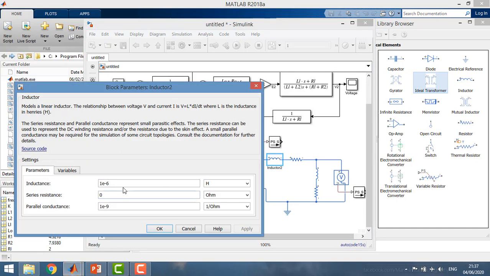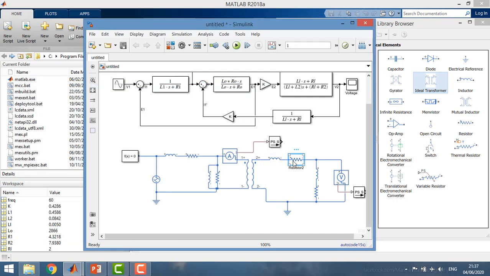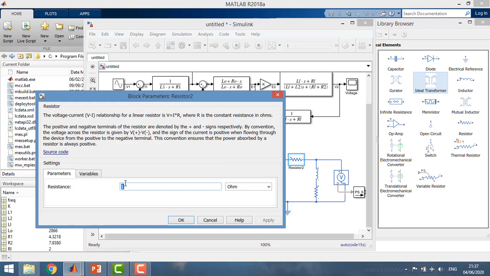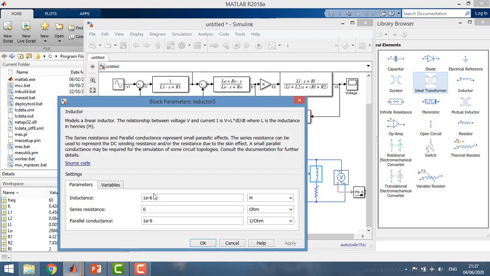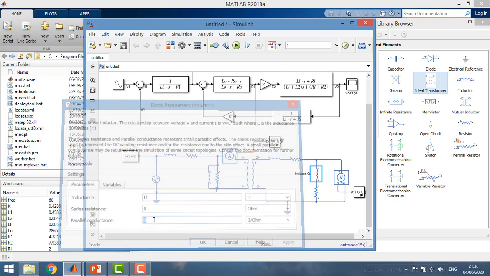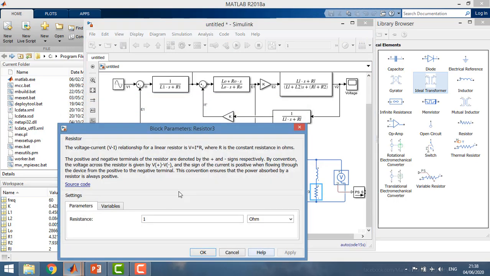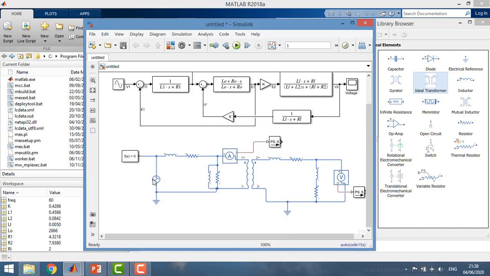Now the secondary windings impedance parameters have to be set, plus the inductive load, and the voltage source.